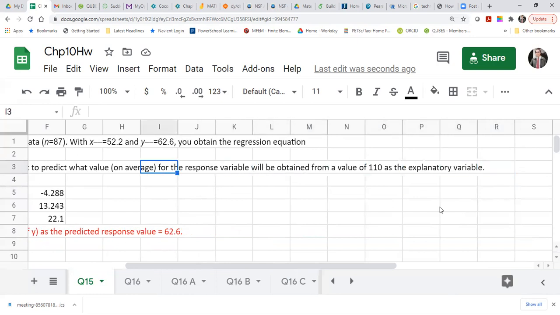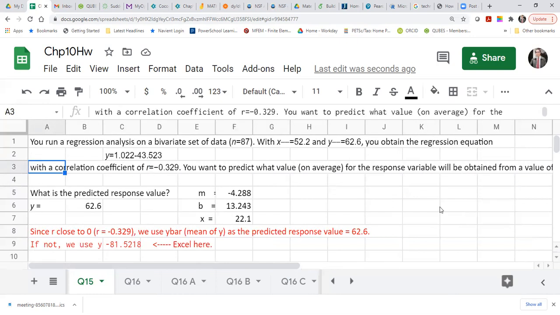Okay, see. Yeah, maybe I need to change this one. So you can see the one on the right side over there.